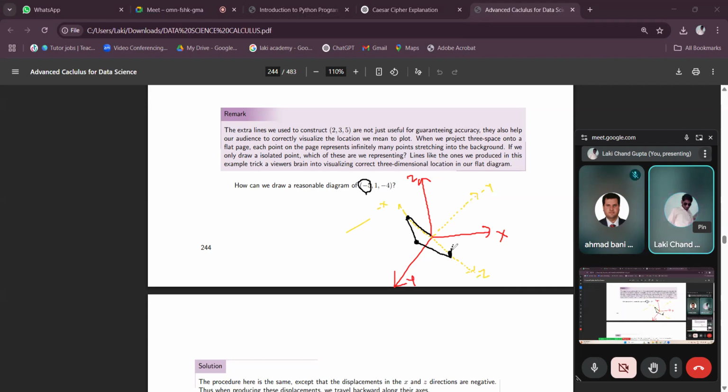You cannot visualize it on paper, but just imagine where this point lies. This point lies behind this curve. Suppose this is a box, your point lies somewhere here.